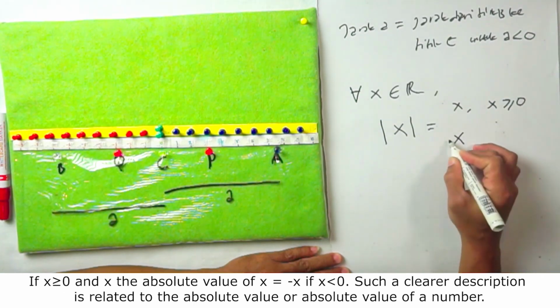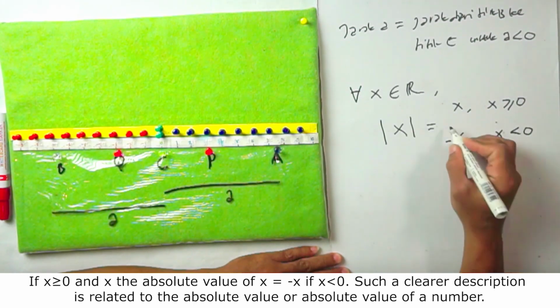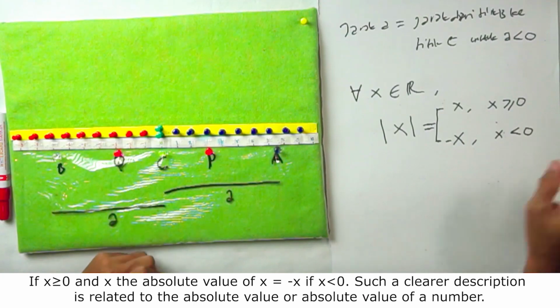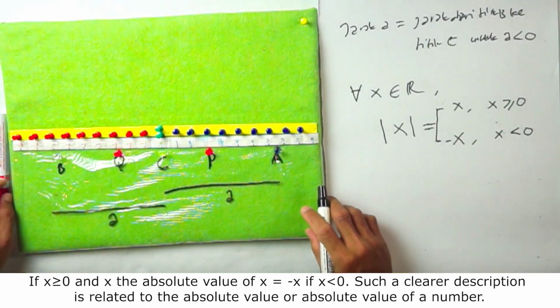Dan harga mutlak dari X sama dengan negatif X jika X-nya kurang dari 0. Oke, gambaran lebih jelasnya demikian terkait dengan harga mutlak atau nilai mutlak dari suatu bilangan.